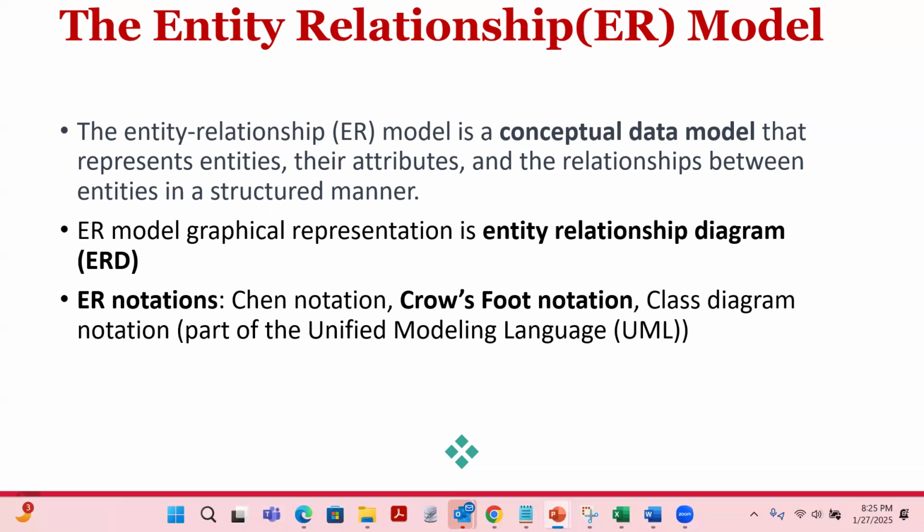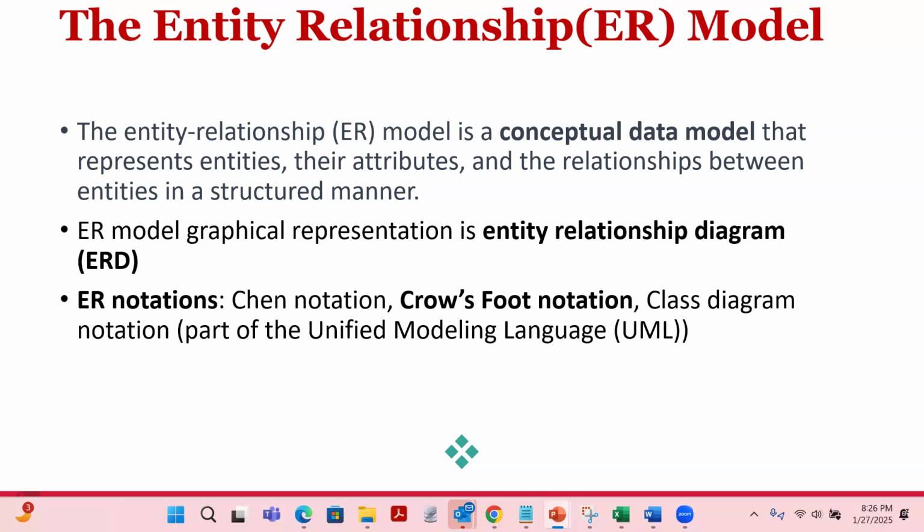The entity relationship model is a conceptual data model that represents entities, attributes, and relationships between those entities. The entity relationship model is represented by entity relationship diagrams. So we'll be drawing a lot of different diagrams.